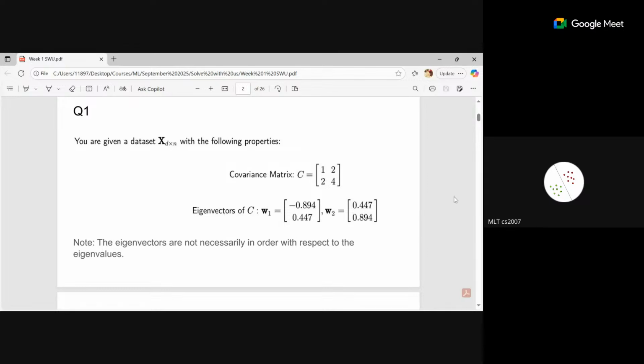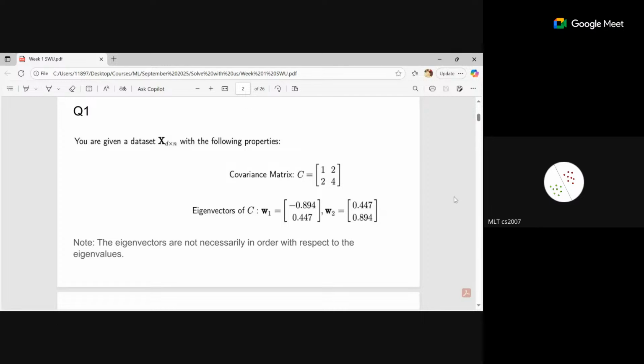So the first question here is about the covariance matrix and the eigenvectors and eigenvalues. You have the data set which lies in a D cross n dimension, and we don't know what the data set is, but what is known to us is the covariance matrix C and its eigenvectors.